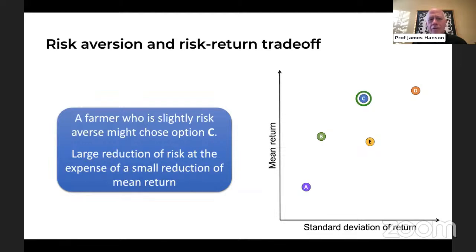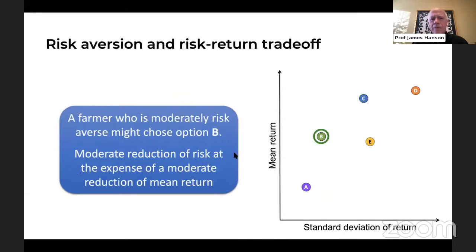A farmer who is slightly risk averse might prefer option C instead of option D because option C reduces the standard deviation of returns, meaning option C has a significantly lower risk with a slightly lower mean return.